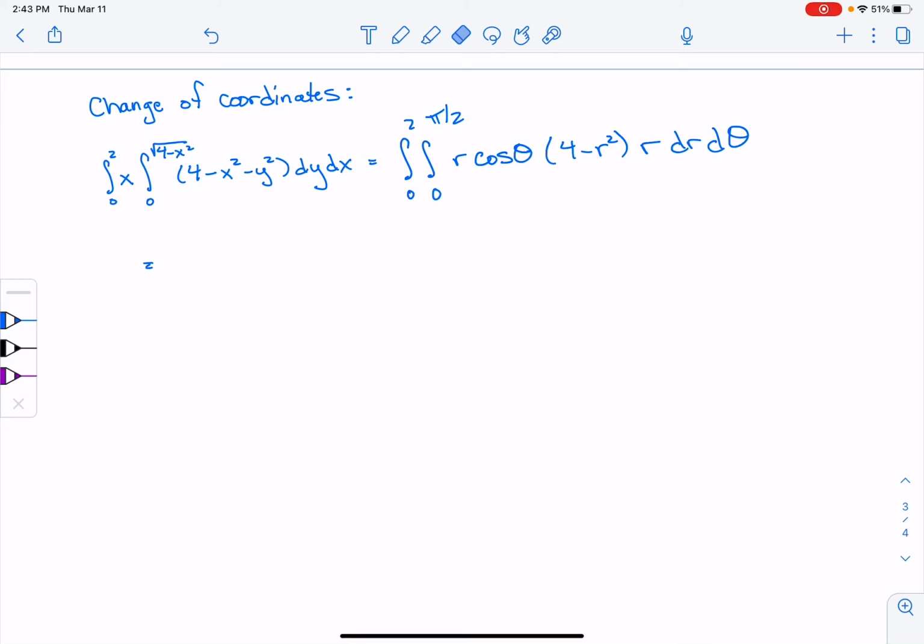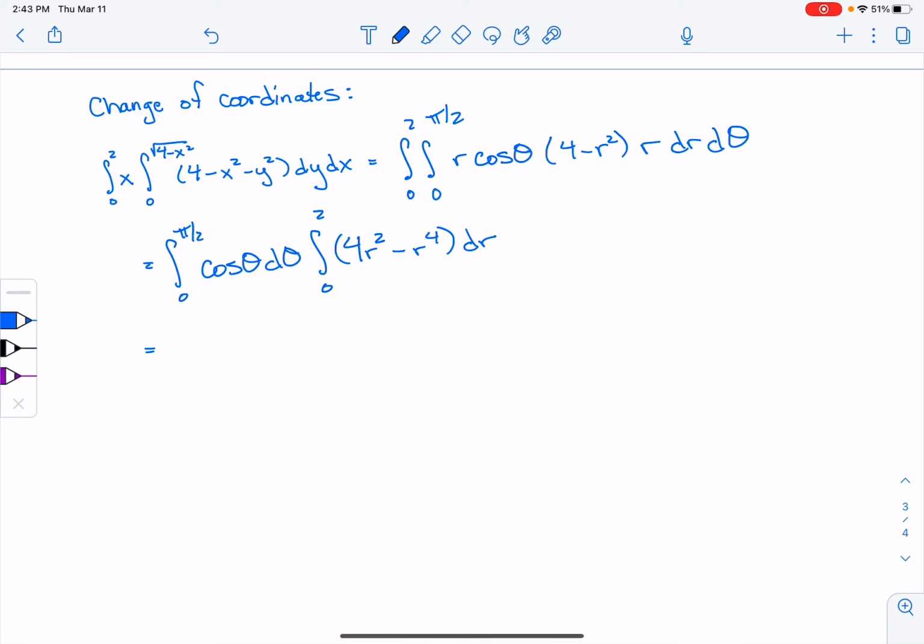I'll notice that I essentially have a function of r times a function of theta. So I can rewrite this as the integral from 0 to pi over 2 of just cosine theta d theta times the integral from 0 to 2 of 4r squared minus r to the 4th dr.